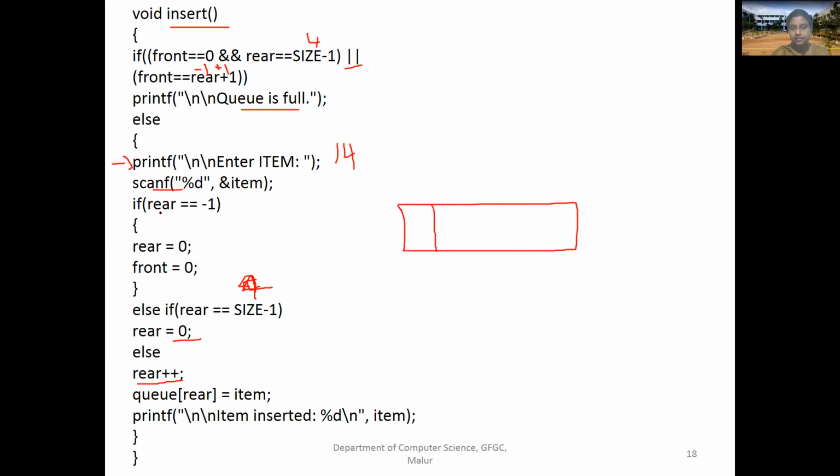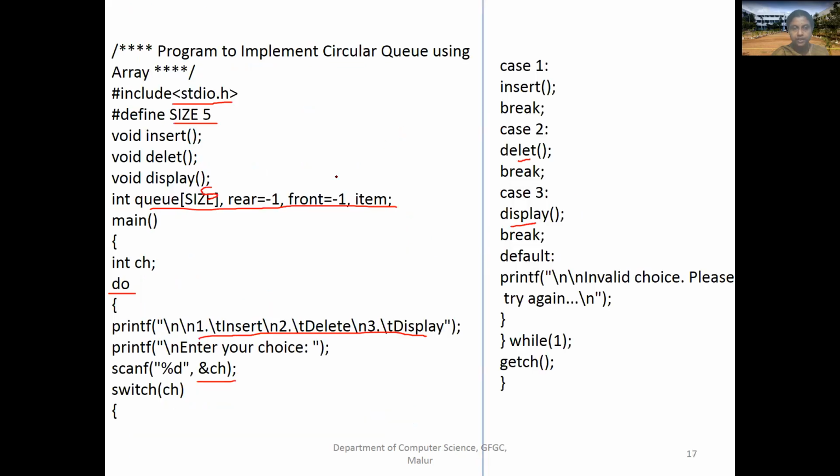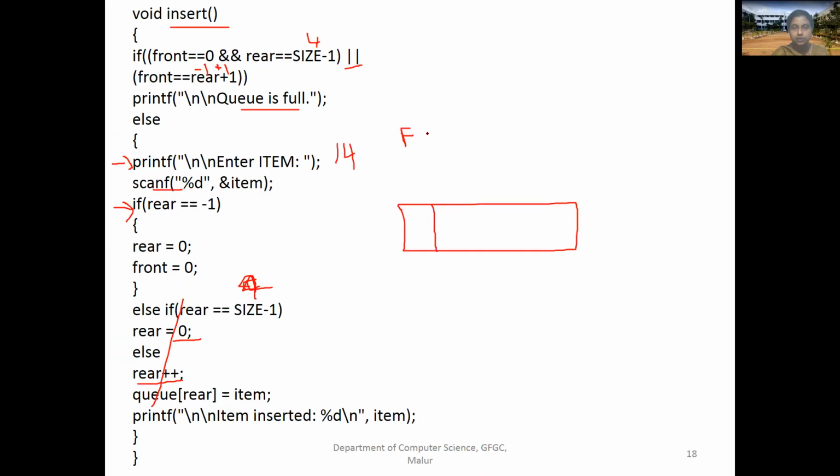This is the first thing we are entering. Rear is -1. As per this, we will execute this branch only. We won't execute the else part because we are in the first stage. As of now, front and rear are -1. Here we have mentioned front and rear are -1, so both are -1.